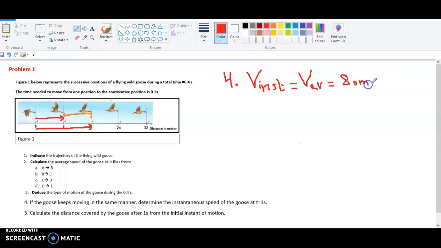When can we consider instantaneous speed equal to the average speed? This is only when the motion is URM motion. Only because this is URM motion, V instantaneous equals V average. This is a very important note here.